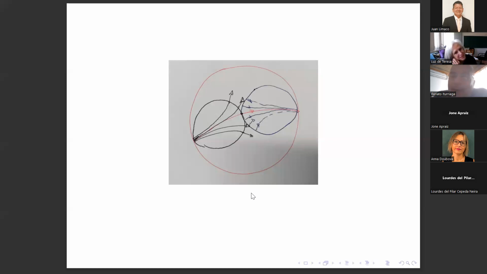And it is a drawing of Arnold and Avez, and it says something like, this is the Poincaré disk, and you have a geodesic, the red one. You have the horocycles, and there is this phrase that says that negative curvature is equivalent to strict convexity of the horocycles.